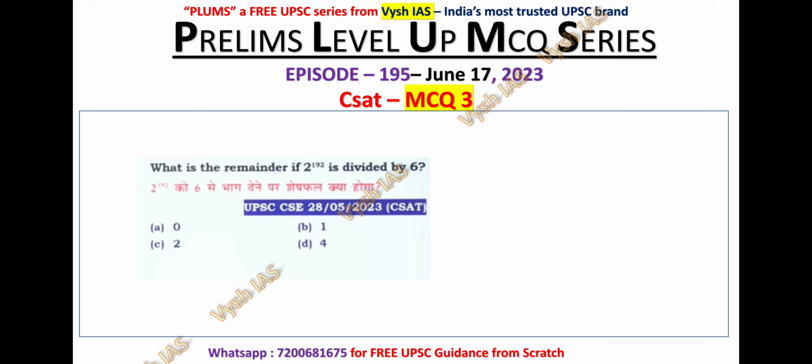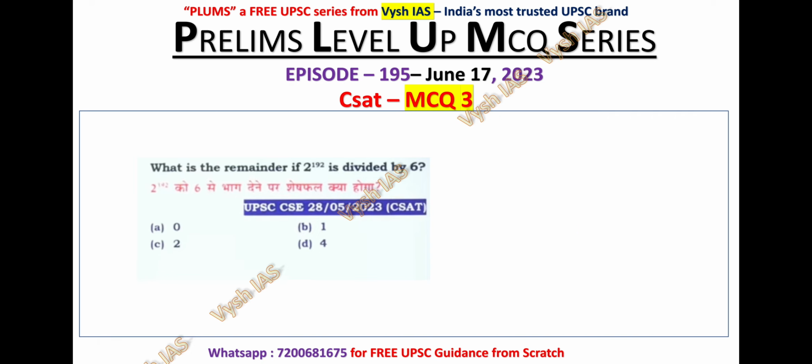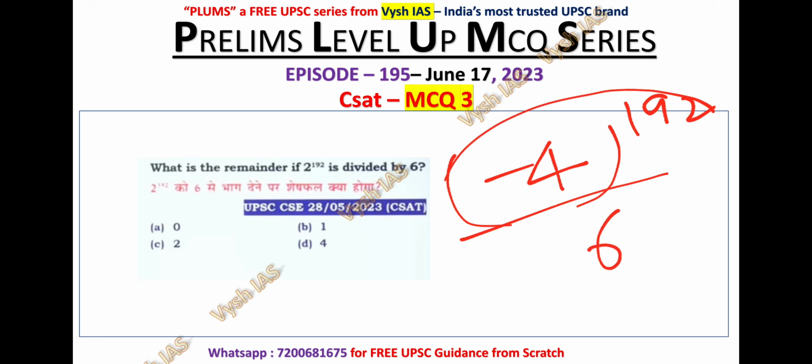In the same way, if you solve 6 minus 4 power 192 by 6, 6 will be there in all the terms except 4 power 192. As 6 is there in all the terms, 6 by 6 remainder will be 0. So we have to find the remainder of minus 4 power 192 by 6.